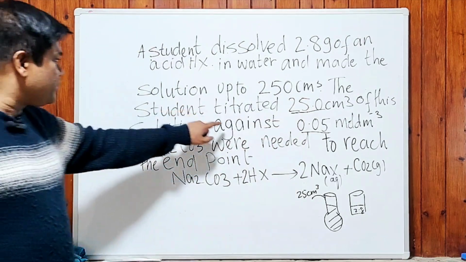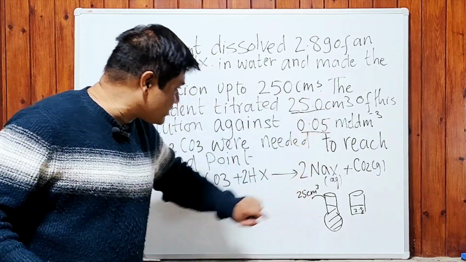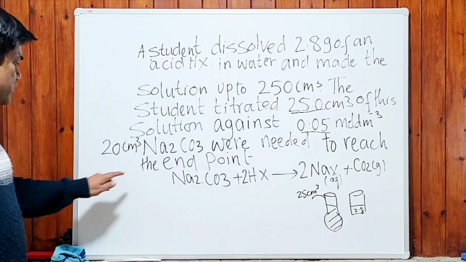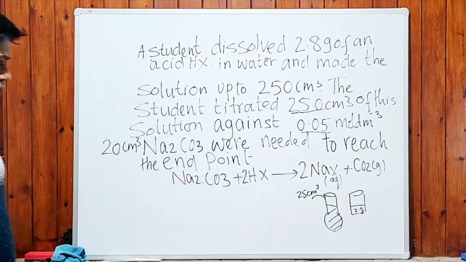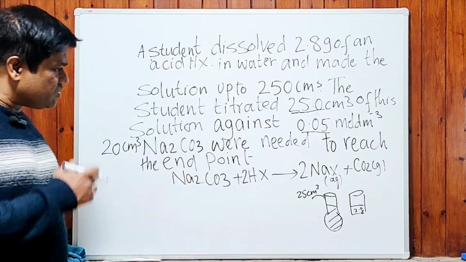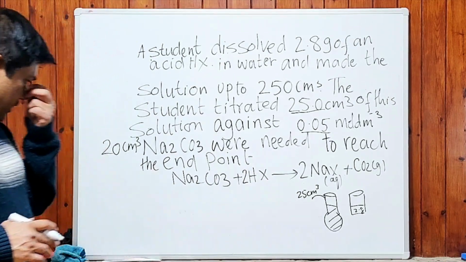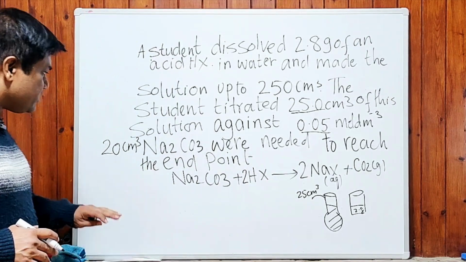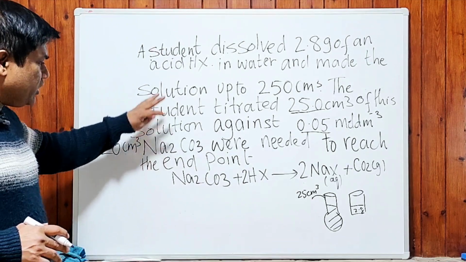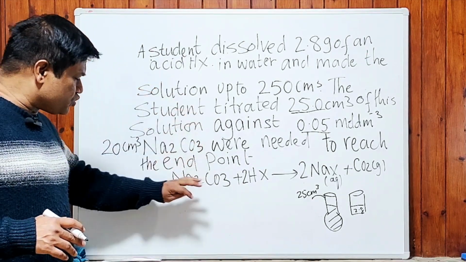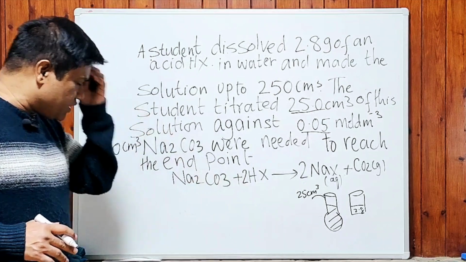The student titrated 25 centimeter cube of this acid against sodium carbonate. This looks like a straightforward titration question. The first question is to find out the number of moles of sodium carbonate used for this titration.